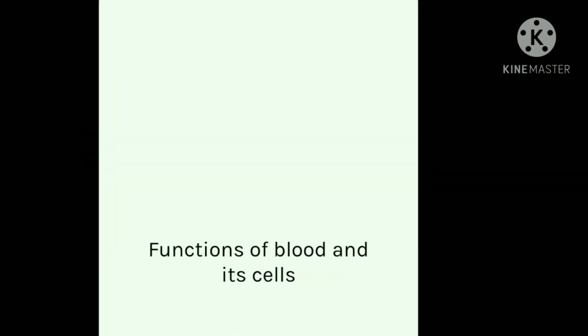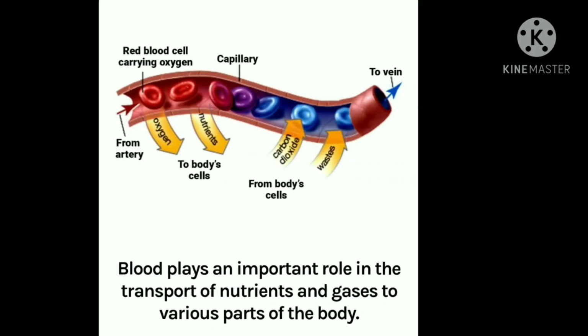Functions of the blood and its cells. So here see, the blood plays an important role in the transport of nutrients and gases to various parts of the body. So in respiration we have seen in the lungs the oxygen is taken by this red blood cell which is carrying the oxygen, which is important for the cellular respiration, which gives us the energy.